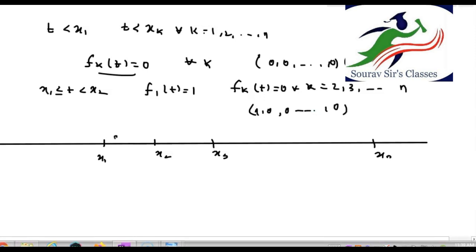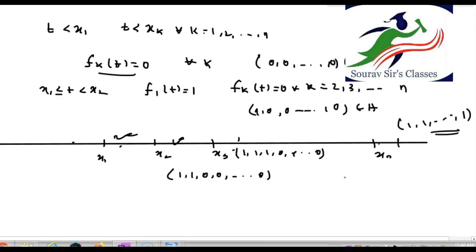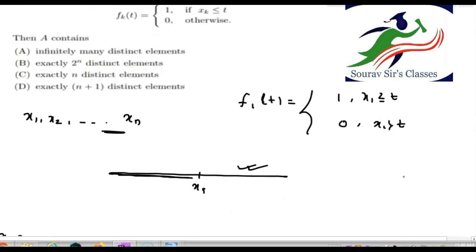If you choose t from the next range, it will give us (1, 1, 0, 0, dot, 0). If you choose the next range, it will give us (1, 1, 1, 0, 0, dot, 0). So 1, 2, 3, 4, up to n. Here we will get (1, 1, 1, dot, 1). So there are n plus 1 distinct values. So option D is our correct option.